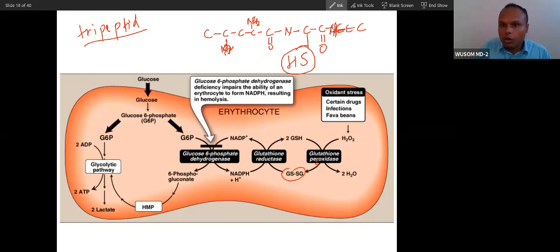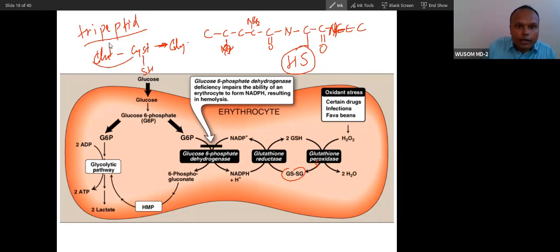I'm actually overwriting it, so don't confuse it. So this is basically glutamine, and then cysteine, and then the last one is glycine. Here is the sulfhydryl group. So this you can remember. I used to remember this as a bird with a beak.